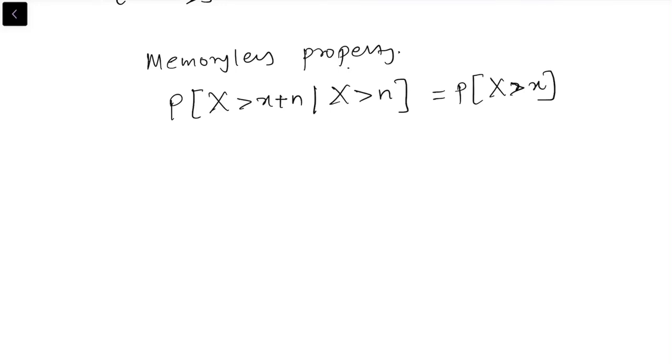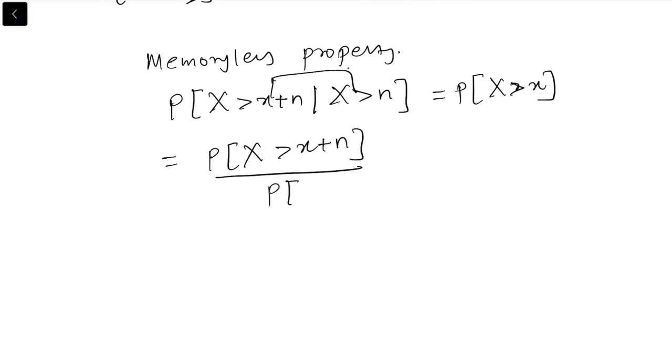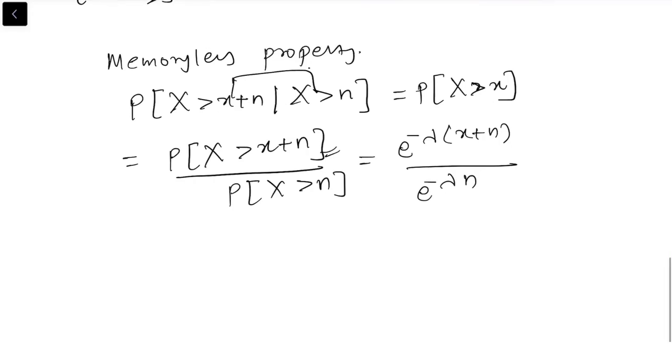If you want to prove this, then let's do it. The intersection between these two events is probability x greater than x plus n divided by probability x greater than n. And we know the CDF of greater than, which is e to the power minus lambda times x plus n divided by e to the power minus lambda n.